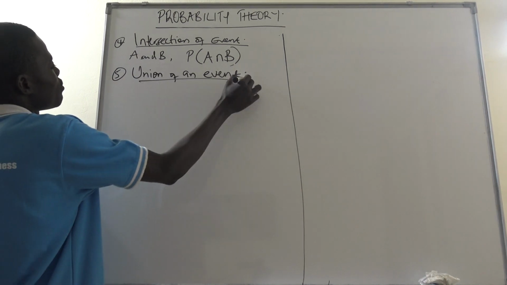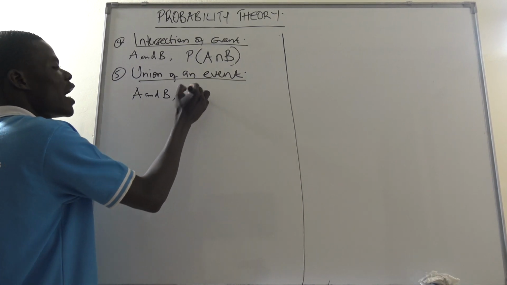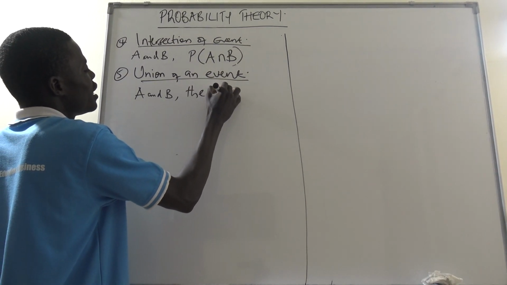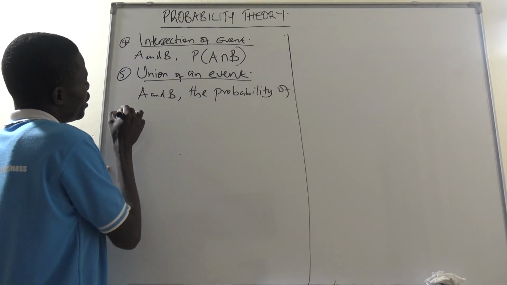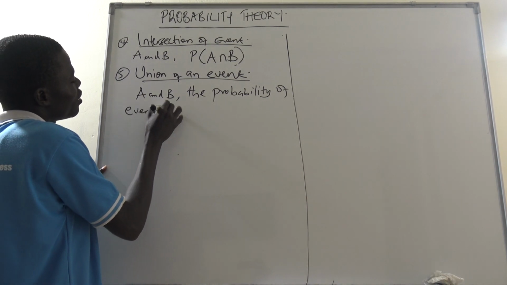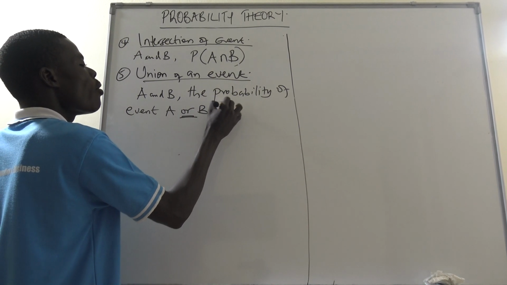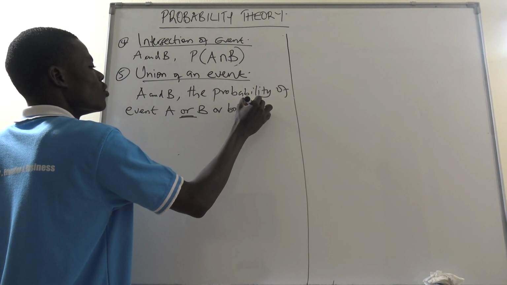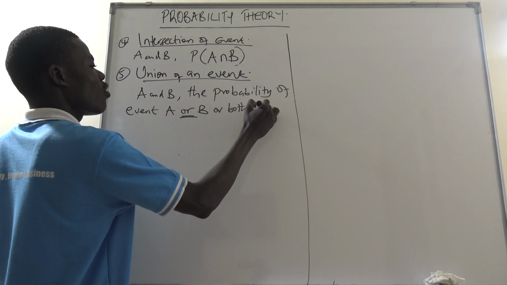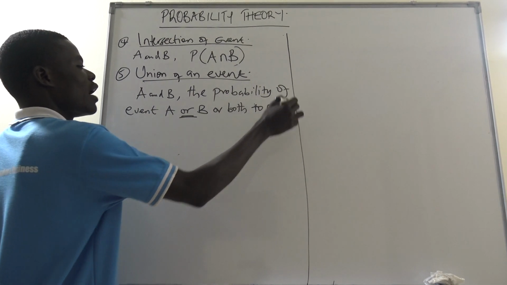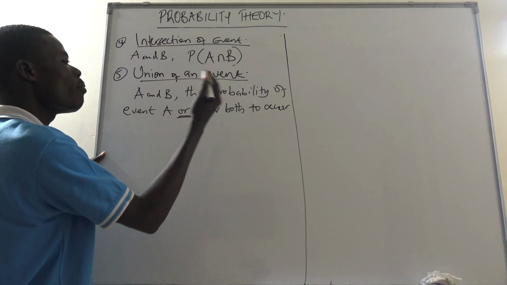Given two events A and B, if they ask you to find the probability of event A or B or both to occur, here they mean find the probability of A or B or both to occur.